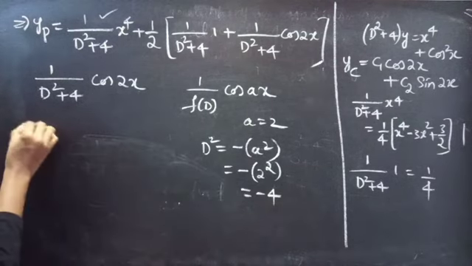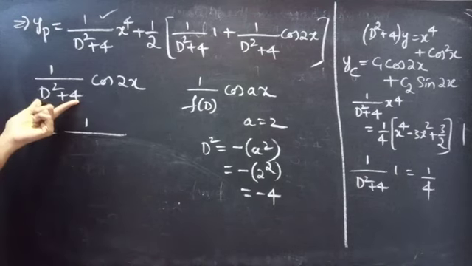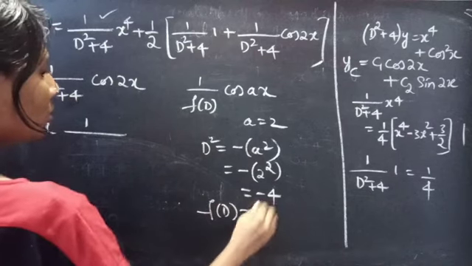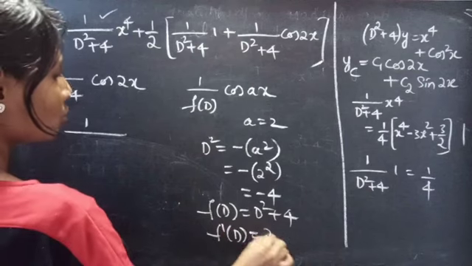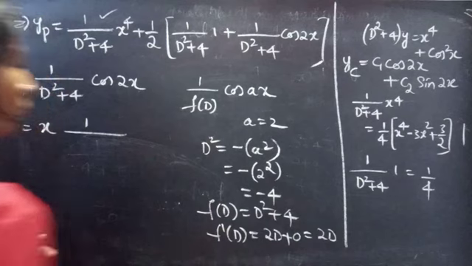We'll just write x into 1 by f dash of D, that is, find the derivative of f of D. If f of D equals D square plus 4, then f dash of D is 2D plus the derivative of a constant, which is 0, so it is 2D, right?